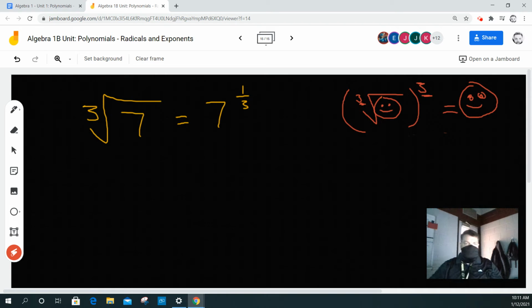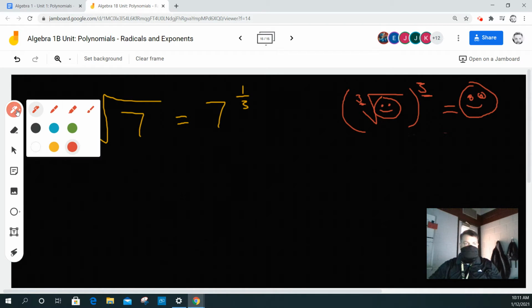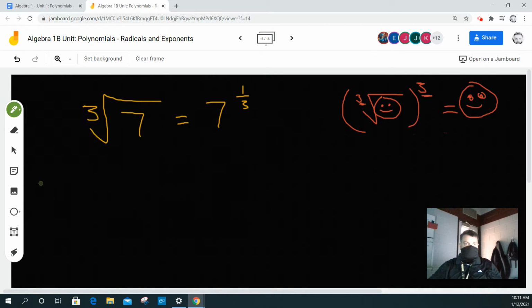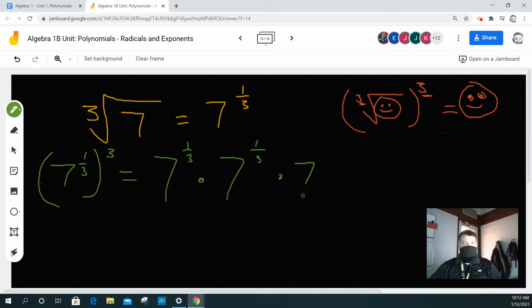So one thing that I could try is I could say 7 raised to the 1/3, and if I cube it, then that will give me 7 to the 1/3 times 7 to the 1/3 times 7 to the 1/3.